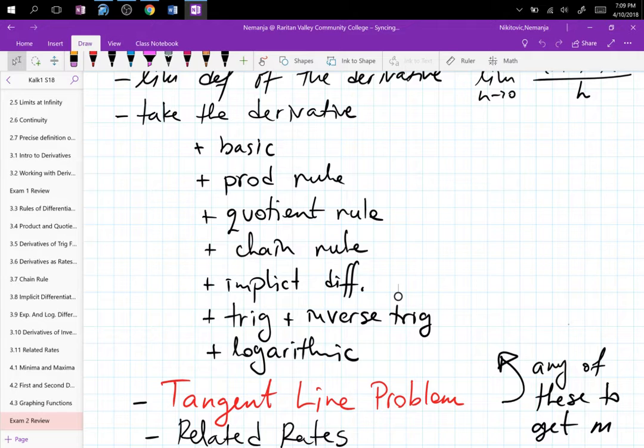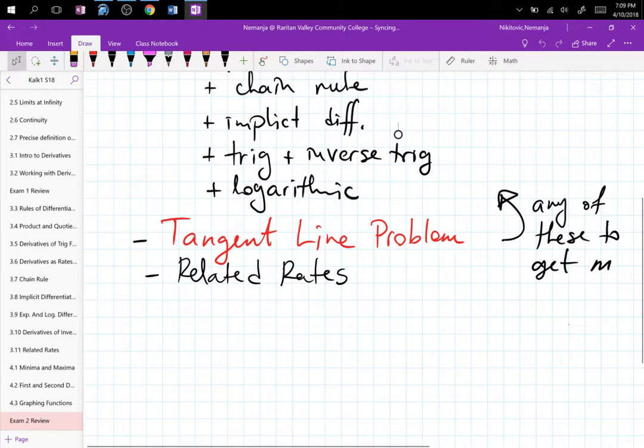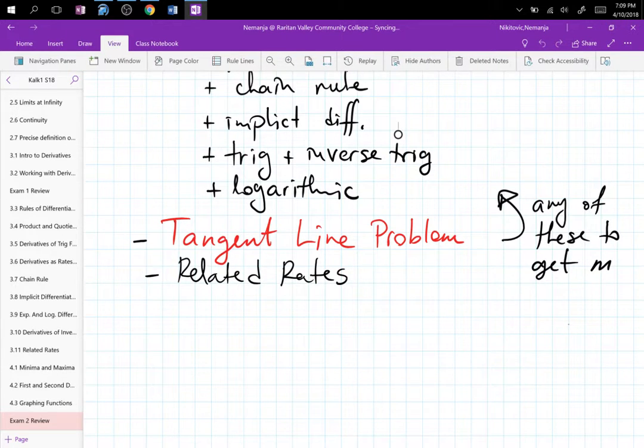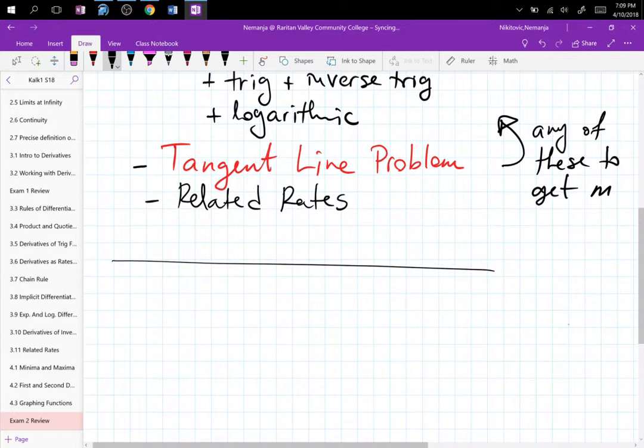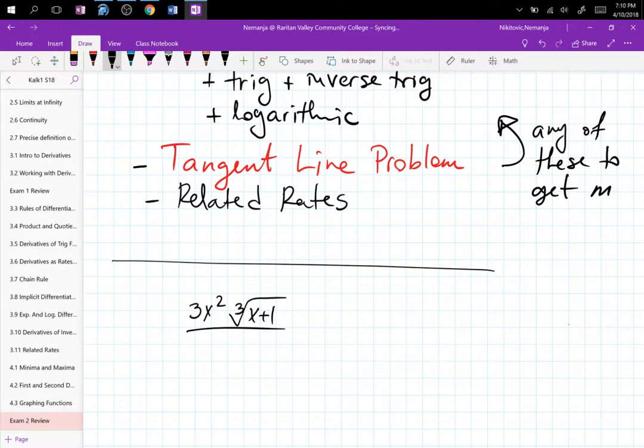So if you are to see a problem which has stuff like, let's say, differentiate 3x squared times the third root of x plus 1 divided by x squared minus 6 to the 5th power.